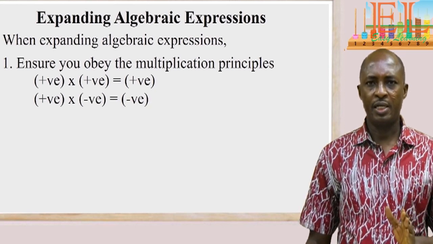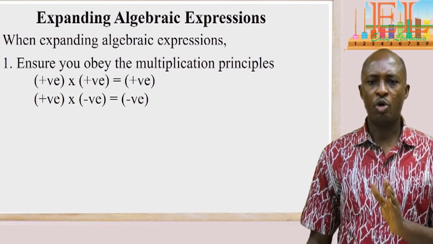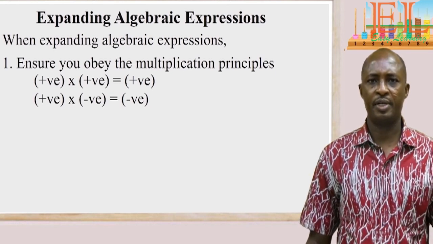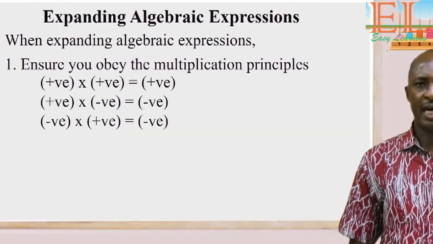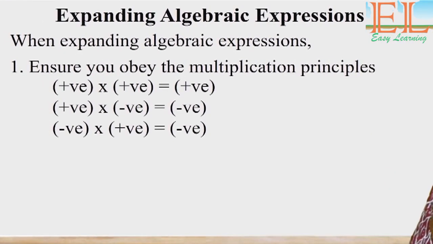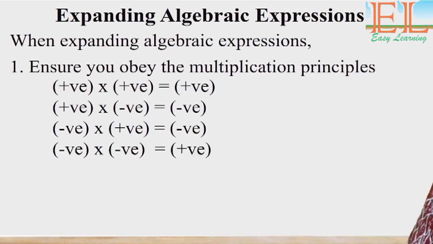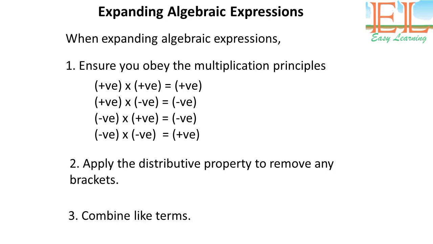A positive number times a negative number always gives us a negative number. A negative number times a positive number gives a negative number. And finally, a negative number times a negative number will always give you a positive number.